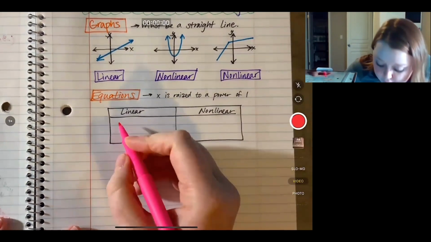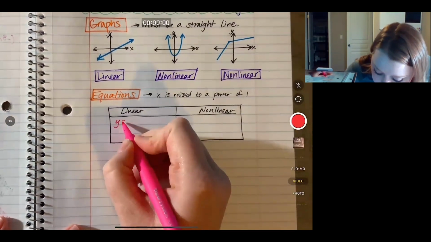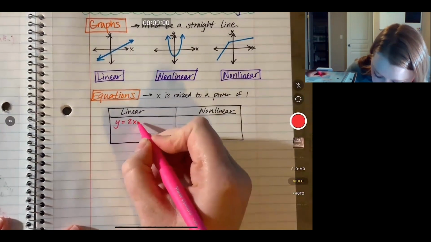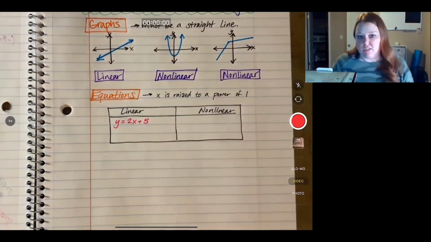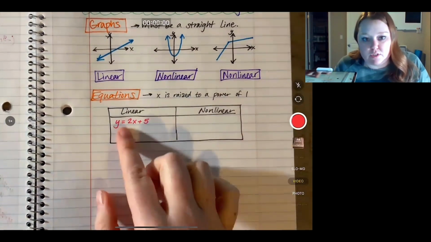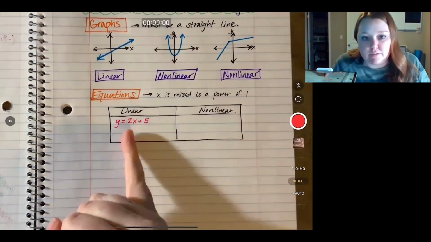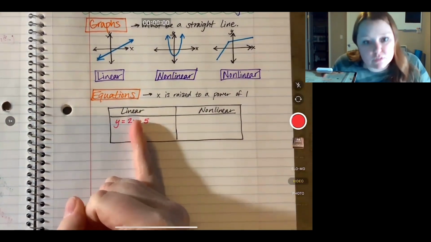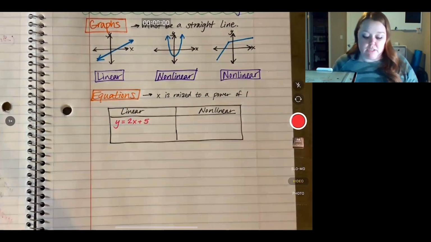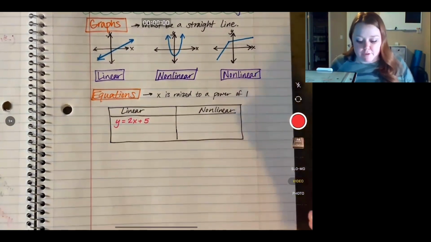An example of that would be like y equals 2x plus 5. That's a very common equation you're going to see, okay? That's called slope-intercept form right there. If you just look at x, it looks like there's no exponent on it, but there's a secret power of 1. So that would be linear. It'd be a straight line if you were to graph it.